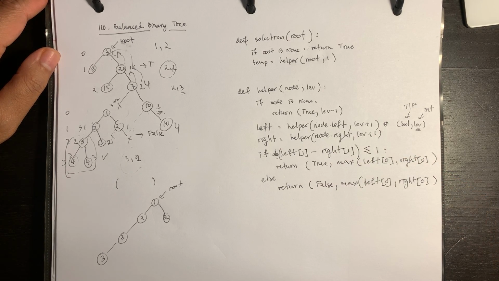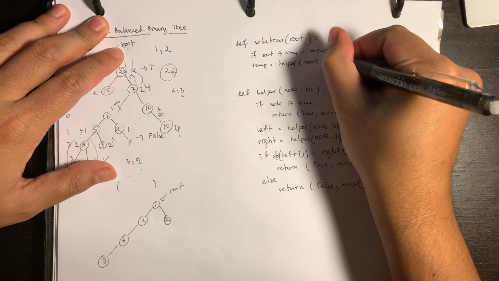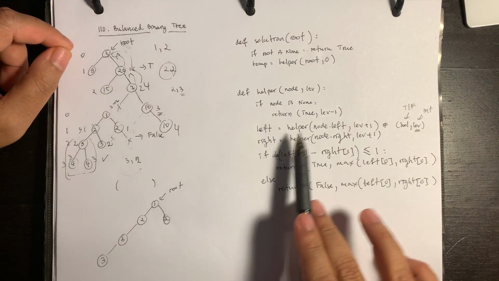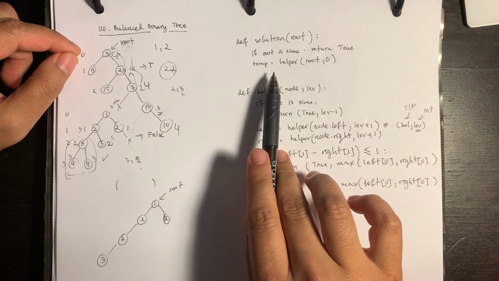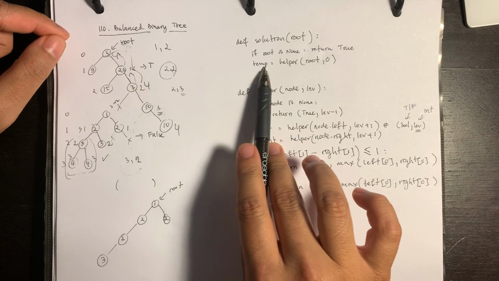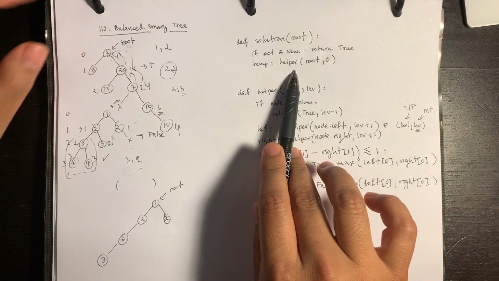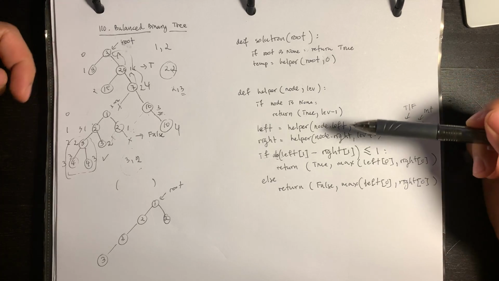Interesting. I think I don't need 1, I just need 0, because when we get called by the main function, which is the solution, the level is 0, right?